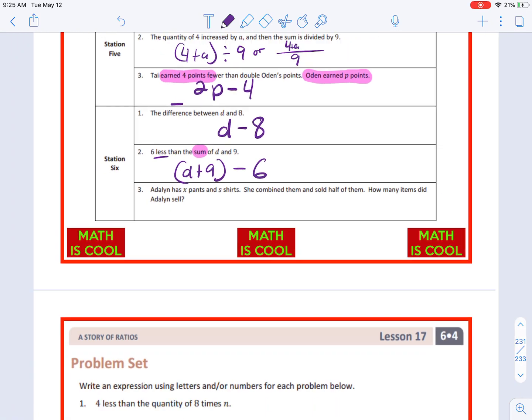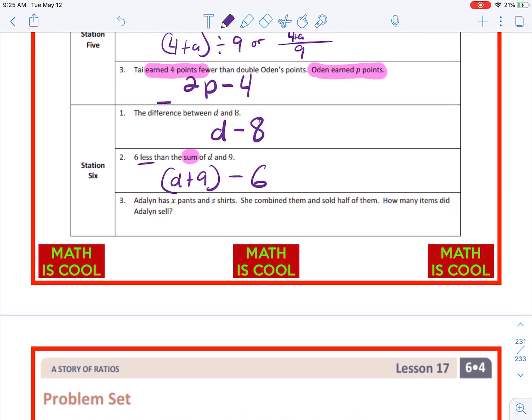Okay, last one. Adeline has X pants and S shirts. She combined them and sold half of them. How many items did Adeline sell? So we're going to combine X pants and S shirts, because it's telling us to combine them, which means to add. And then it's telling us that she sold half of them, so we're going to divide by 2.